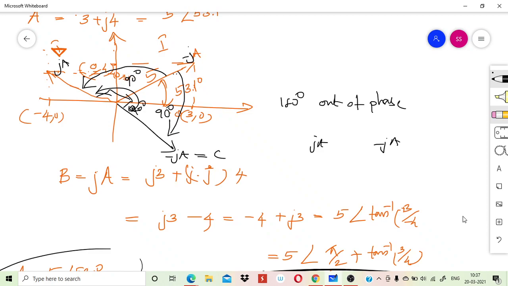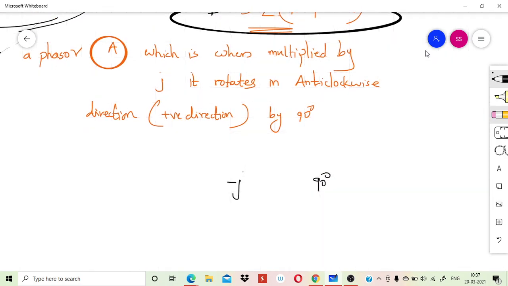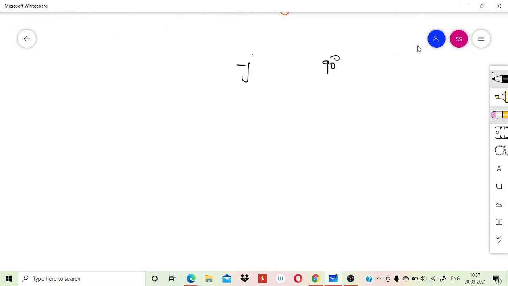If you multiply phasor B with minus 1, then you will get C phasor. That means if you multiply a phasor by minus 1, then that phasor is going to rotate by 180 degree. So that is our final conclusion.